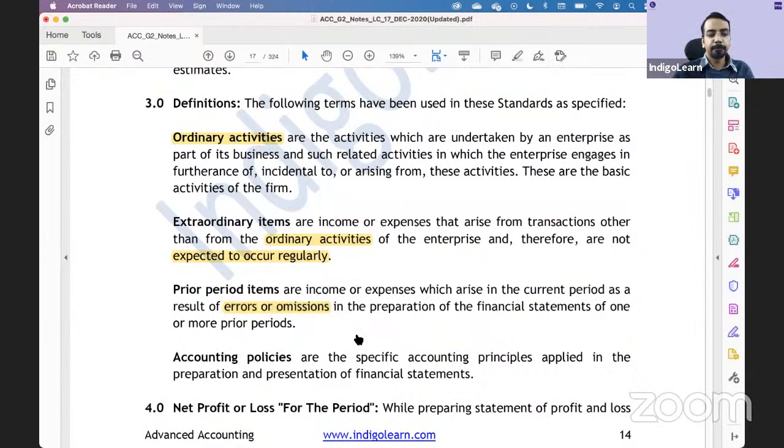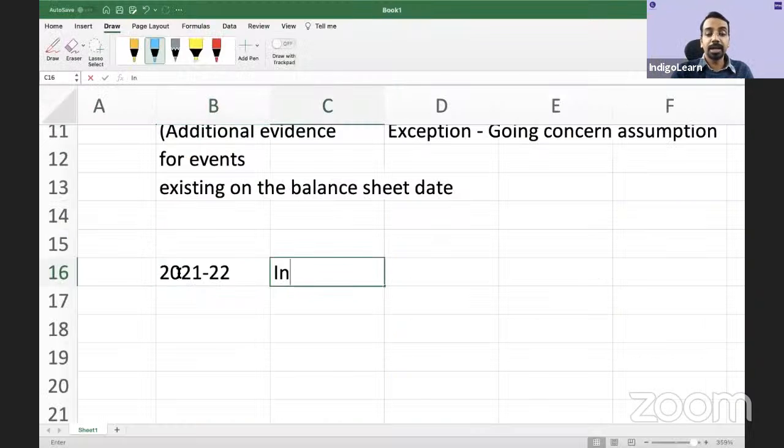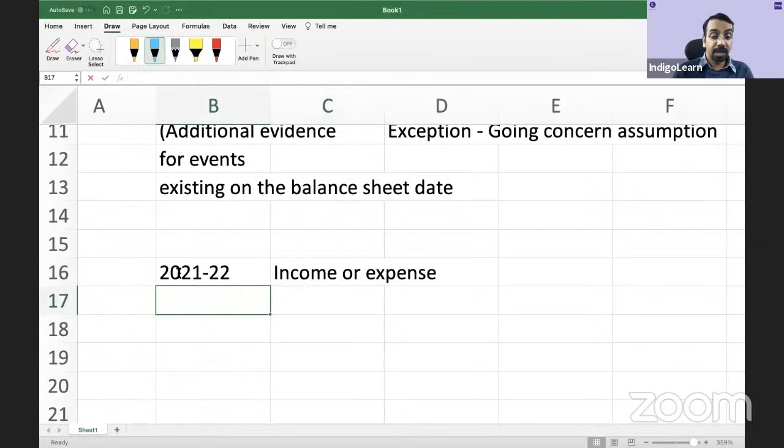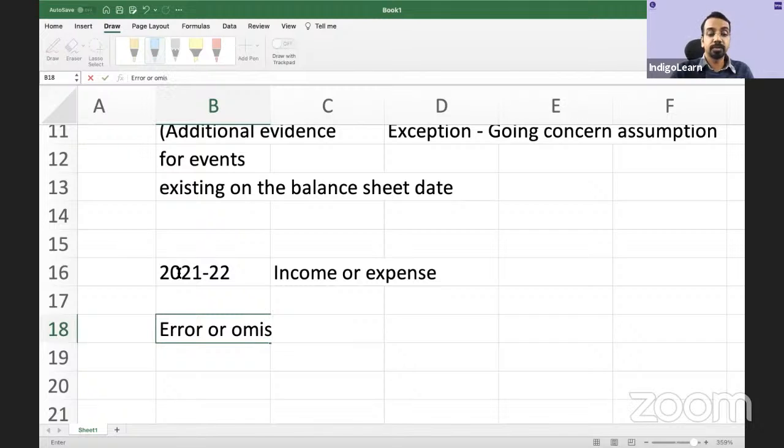So, let us say you are in the current period 2021-22, for example. Okay, there is some item which has come into this period, an item of income or expense. Why did it come? Because there was an error or omission in one or more prior periods.